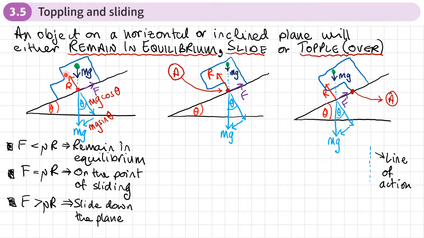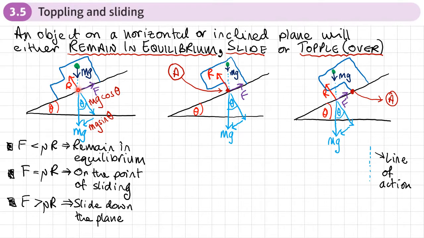Okay, so now let's look at what's going on when we have a body on an inclined plane. So we'll start with this one over here, where we have the weight acting down so that the normal reaction is within the contact face of the body with the plane, and I've drawn a little dotted line here going straight down from mg, the weight where the center of mass is, and we call that a line of action.